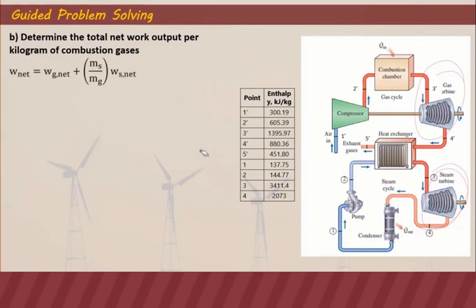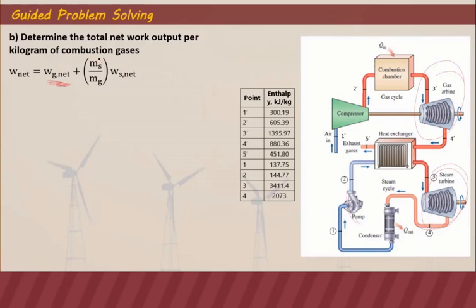So that's the work net of the gas cycle plus the work net of the steam cycle, because we have to deduct also the pump work and the compressor work, multiplied by the ratio of the masses.